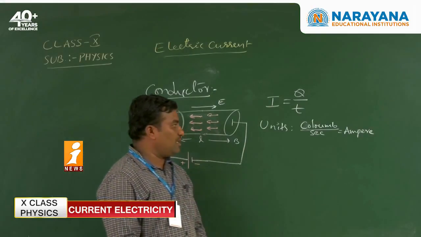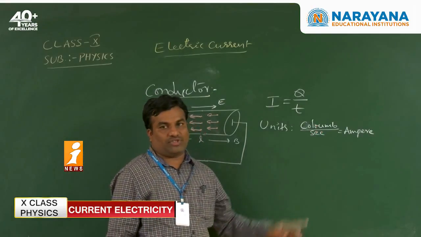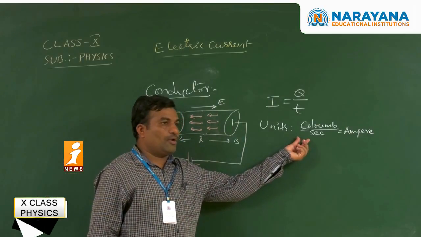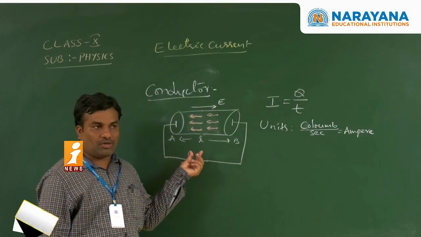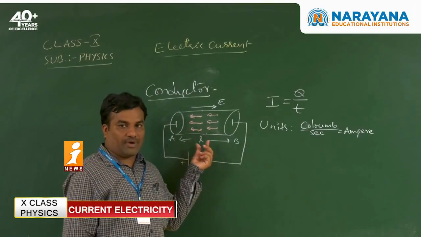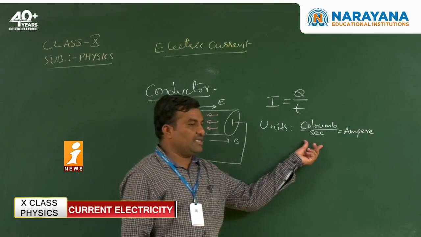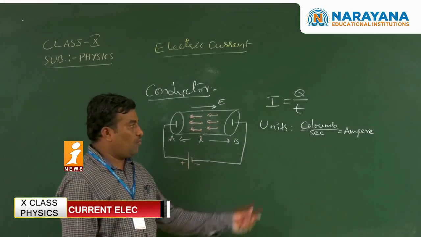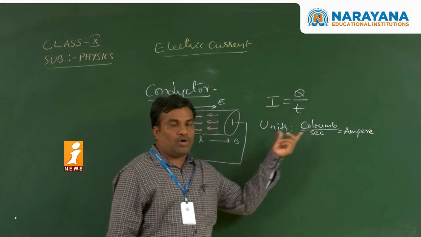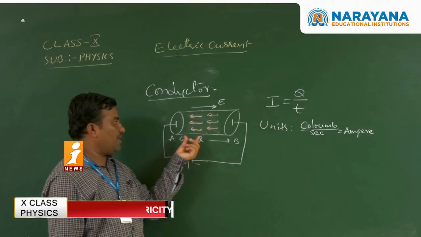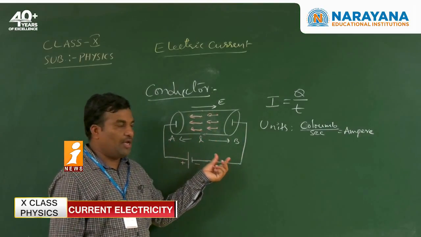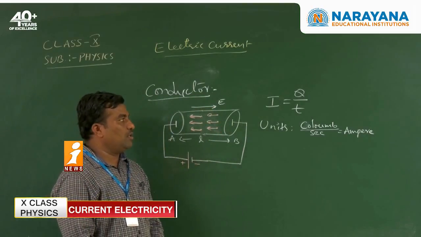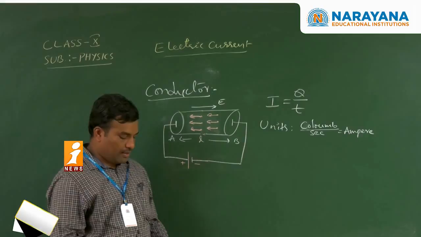So here you can see, 1 coulomb of charge crossing any cross section of the conductor in 1 second is equal to 1 ampere. What is 1 ampere? 1 coulomb of charge crossing any cross section of the conductor in 1 second is equal to 1 ampere. This is called electric current.